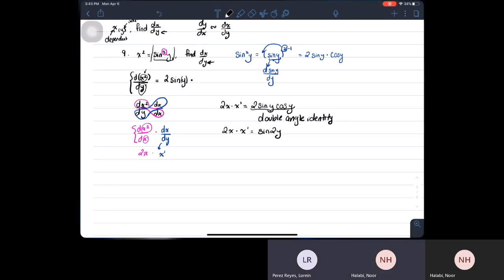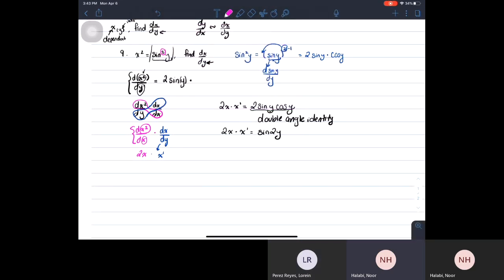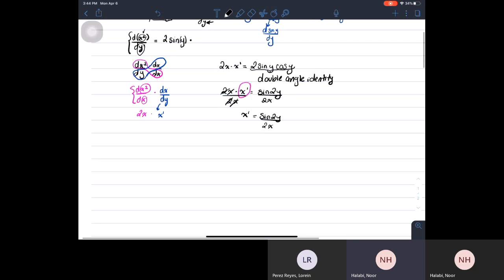So now I just need my x prime, because all I'm trying to solve for is the derivative. So I divide each side by 2x, these go away, and I'm left with x prime is equal to sine 2y over 2x. And remember, we said dx dy is just another way of saying x prime.